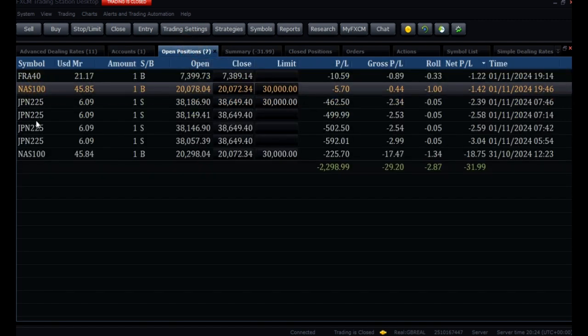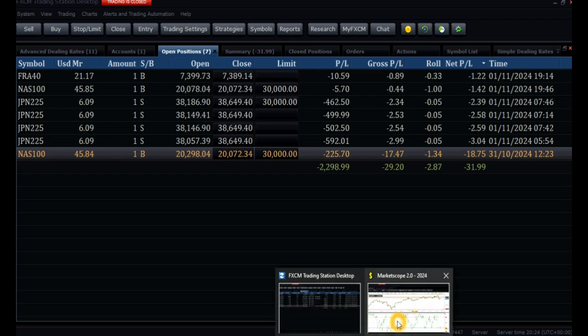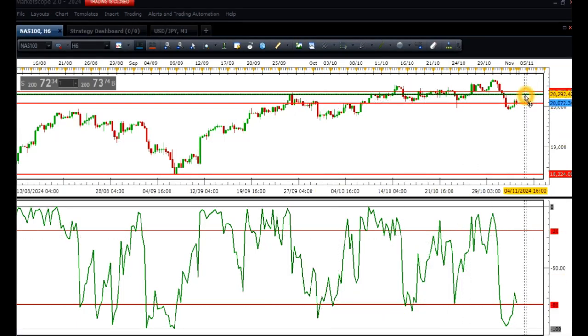Open positions, I've got 2 NAS positions. If you look down here, this was opened at 20298, which is slightly lower, this green line here, lower than where I entered in the previous video. So the market went up, I closed, made a little bit of profit, it came back down, and I've taken the trade again below my previous entry price.